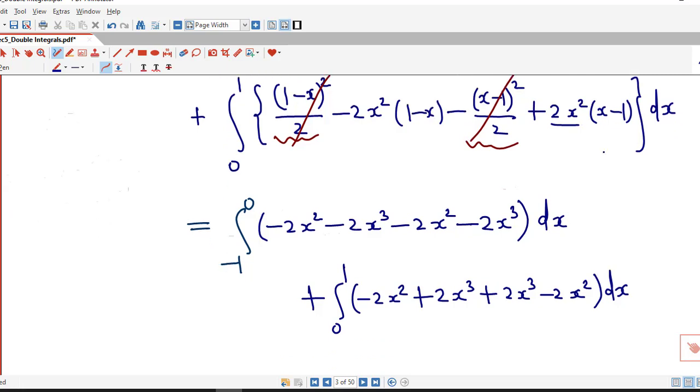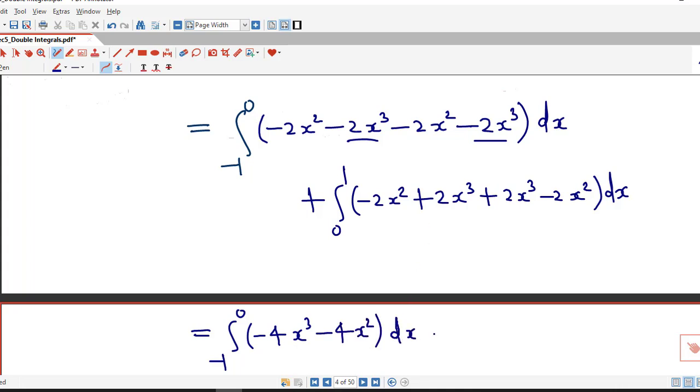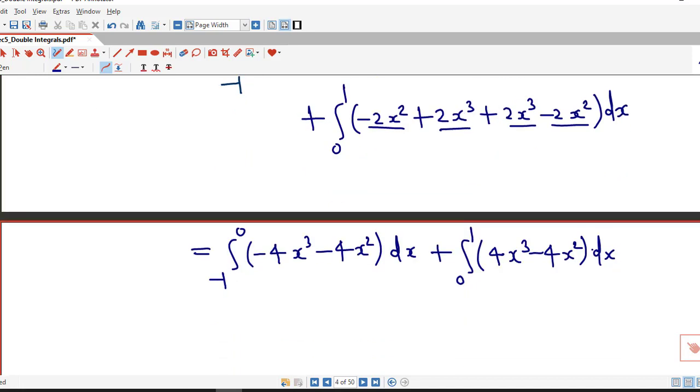So we again simplify. This is equal to integral from minus 1 to 0 of minus 2x cube minus 2x cube, that is minus 4 times x cube minus 4 times x square, and similarly 2x cube plus 2x cube, that is 4 times x cube minus 4 times x square dx.